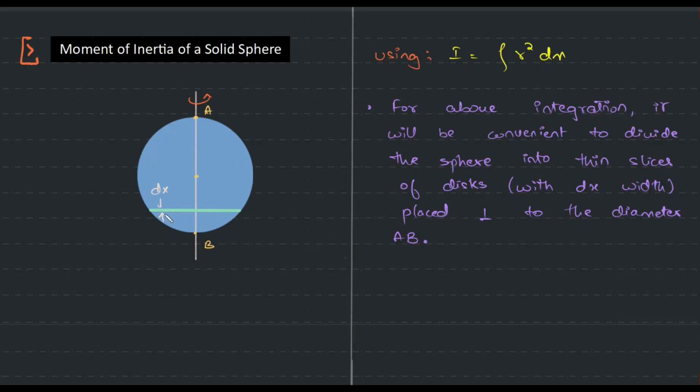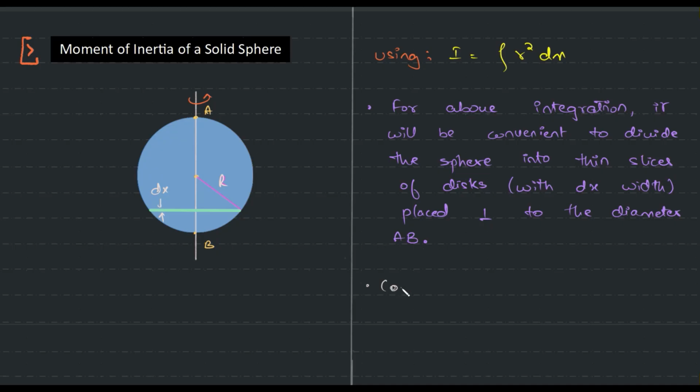Okay, so for such a disk, the width is dx. And of course, there is a lot that we need to work out over here. It will be a bit different from what we have done till now. The sphere radius is r, right? That is not visible. So this is radius r.